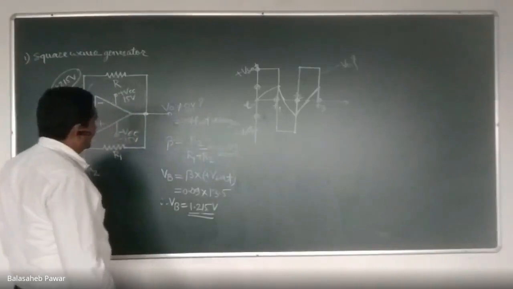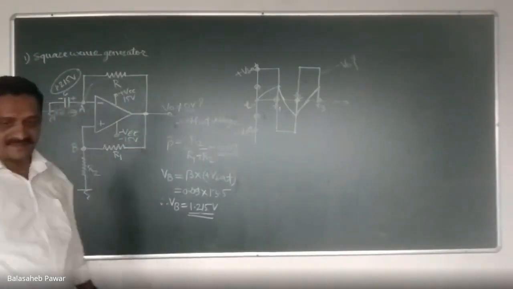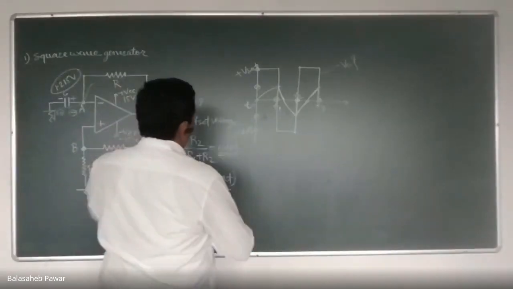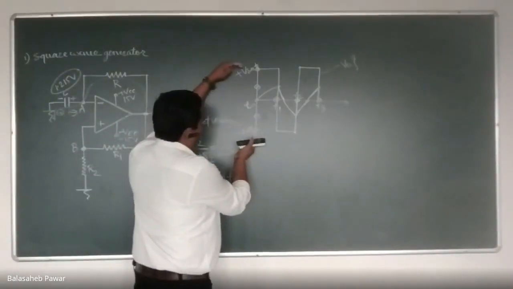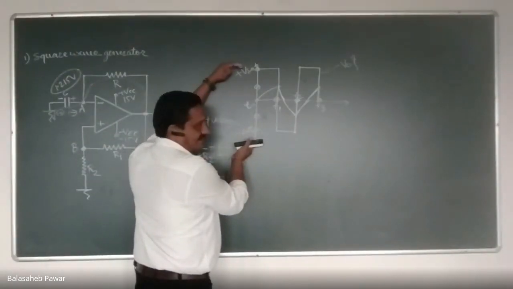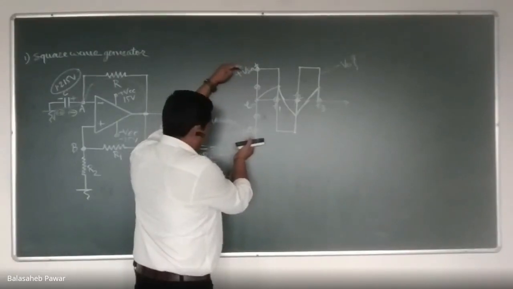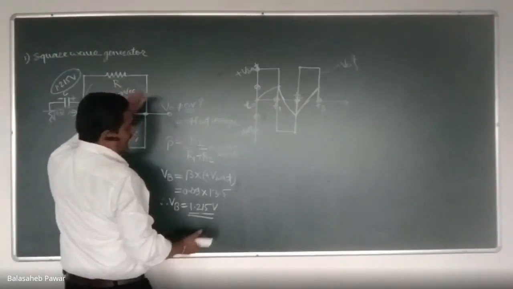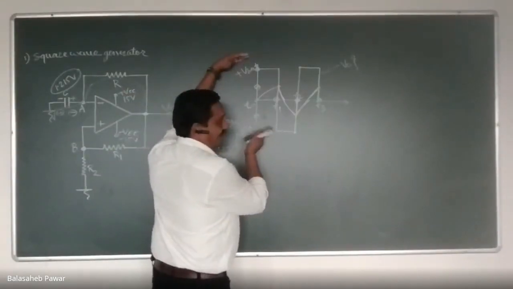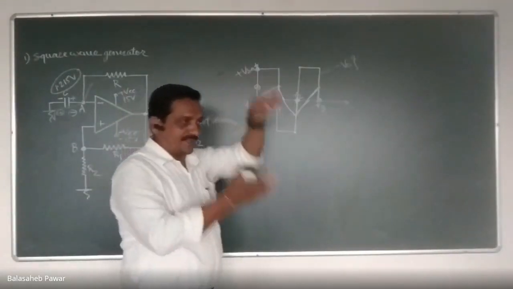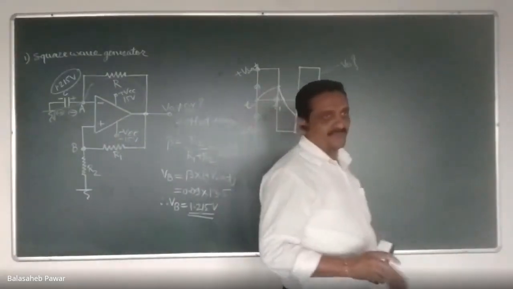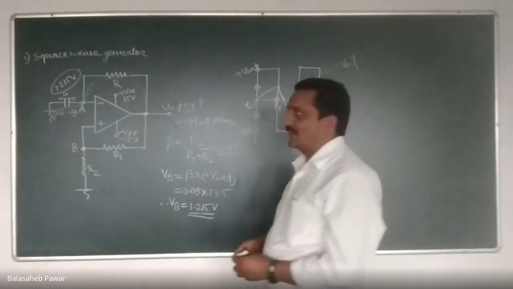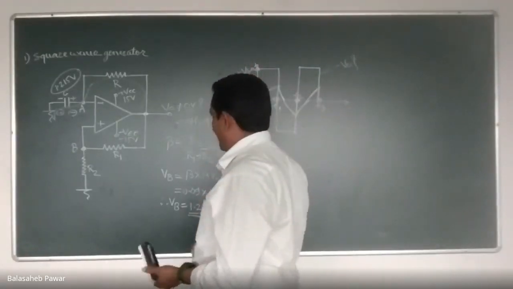Now, my simple question is, whatever output we are getting here, peak to peak, it is plus minus Vsat, right? So if it is 15 volts, then peak to peak it will be 27 volts. One peak is 90% of VCC, that is 13.5, so peak to peak it will become 27.